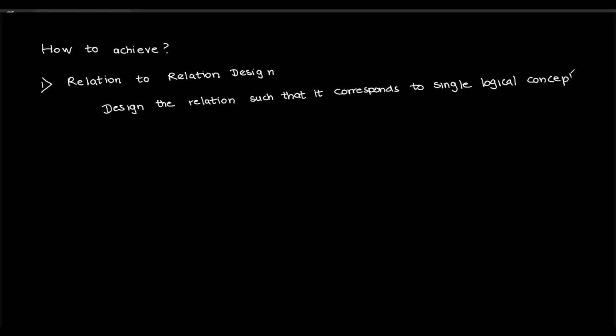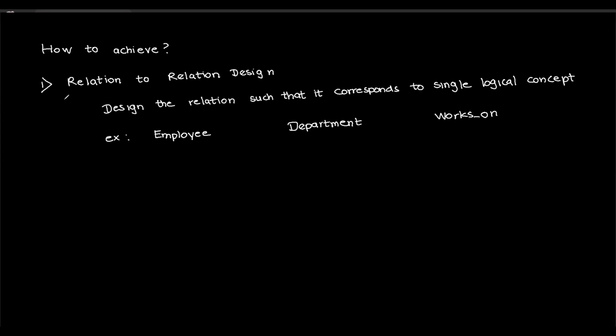For example, if you have to represent employee, department, and all, first of all, use an employee relation. Also use a department relation separately, and finally use a works-on, or employee-department, relationship type of relation. So this is relation to relation design.